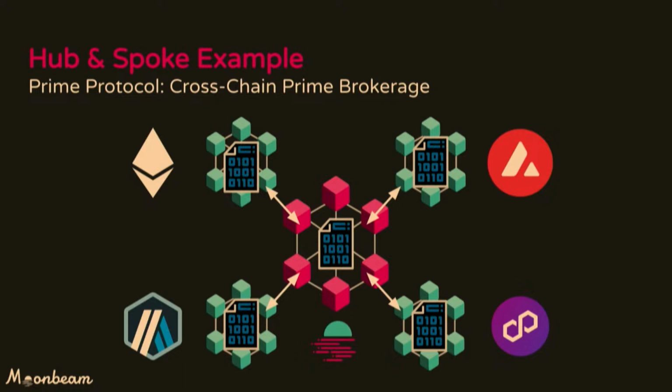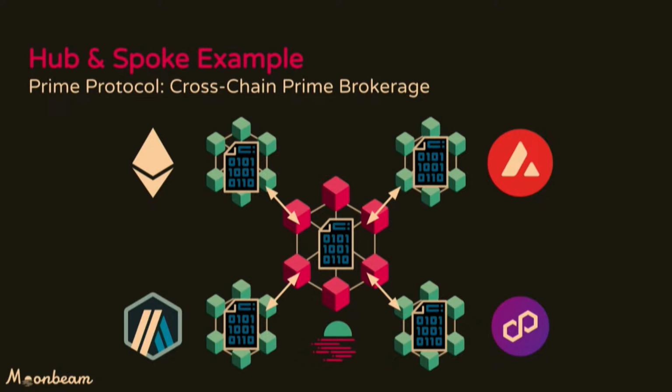But with Prime Protocol, you can keep your ETH on Ethereum. You don't need to bridge it over to Moonbeam. You can keep it in its native form on Ethereum, and you can deposit it into a satellite smart contract. And Prime Protocol will recognize that. It will secure the collateral, so the protocol has ownership of that collateral, and then it will give you a loan on Moonbeam.